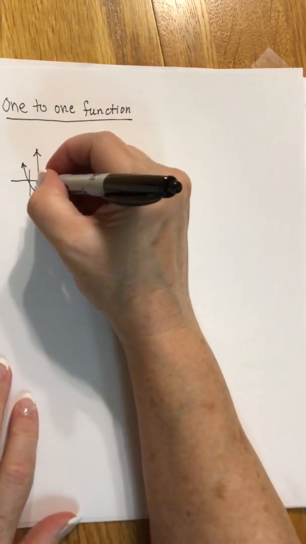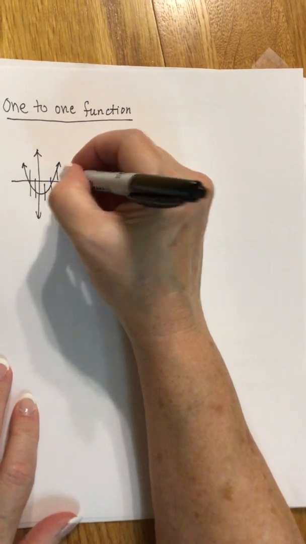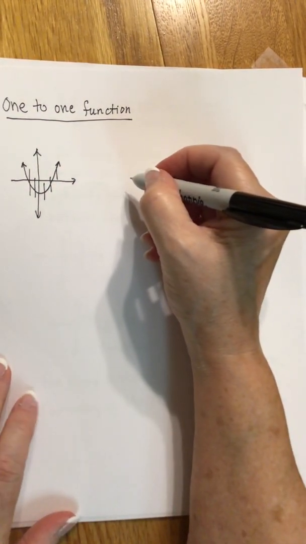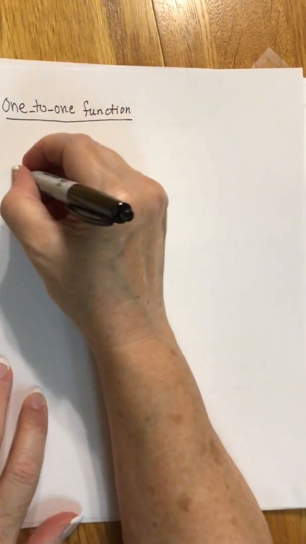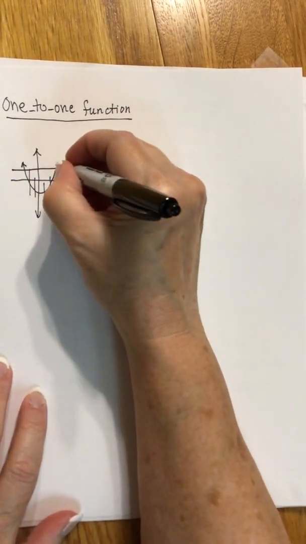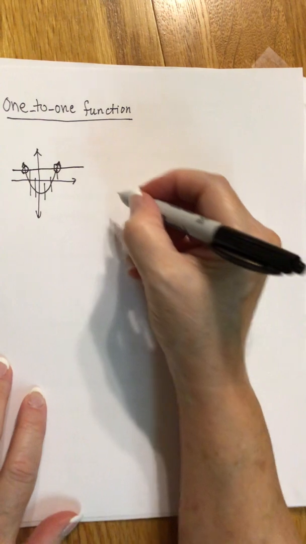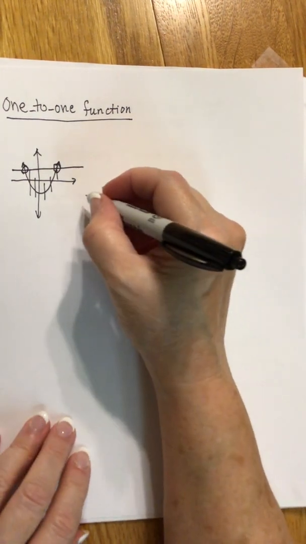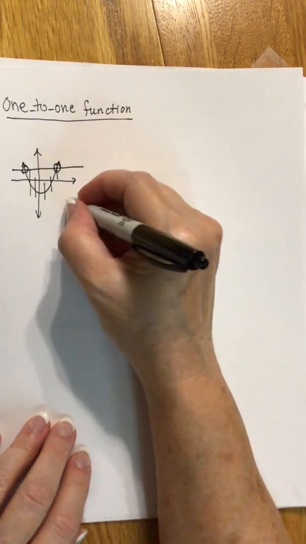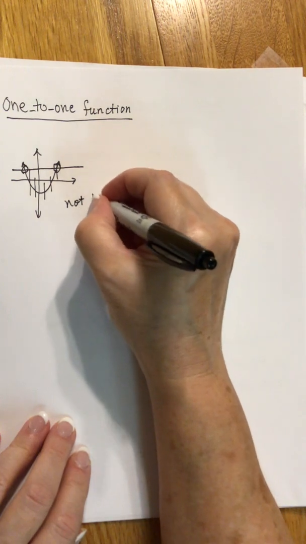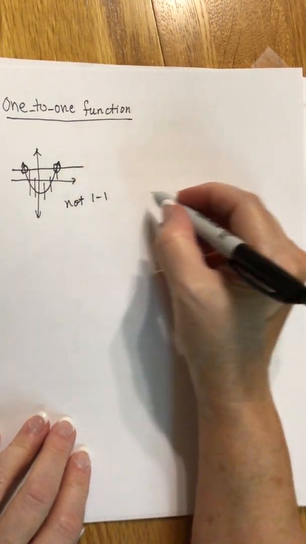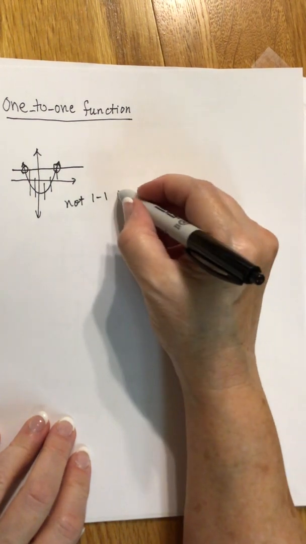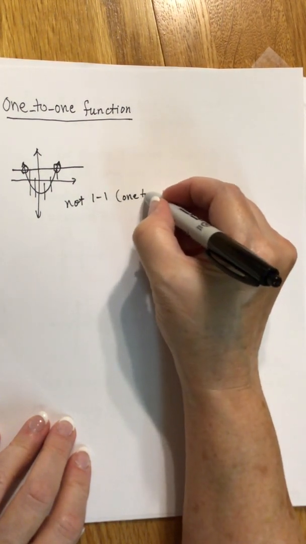So I have yes, passes the vertical line test. It only touches in one spot. But does it pass the horizontal line test? So if I draw a horizontal line, it touches in more than one spot. So this one is a function, but not a one-to-one. So not one-to-one. Notice the indication here, I just made an abbreviation 1-1. So that means the same thing as one-to-one.